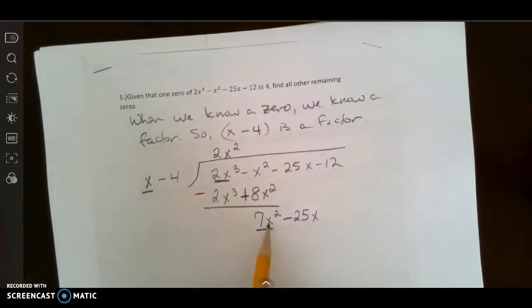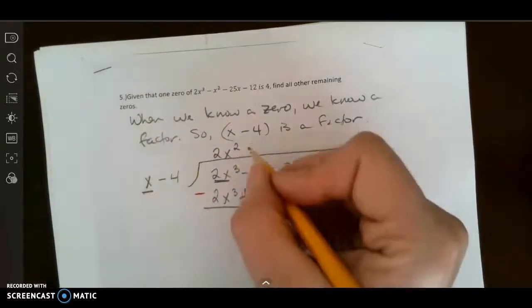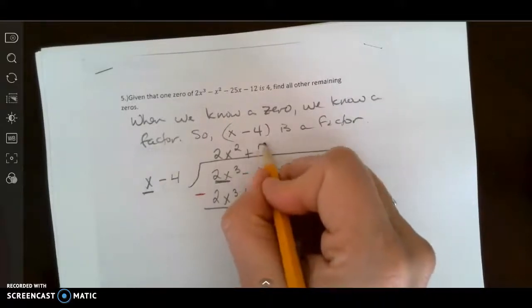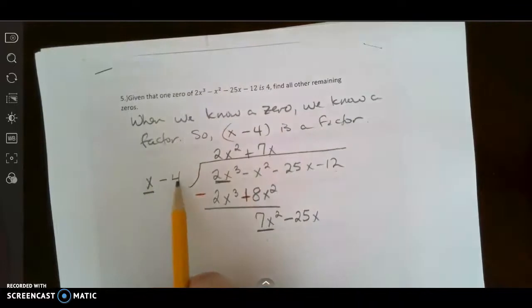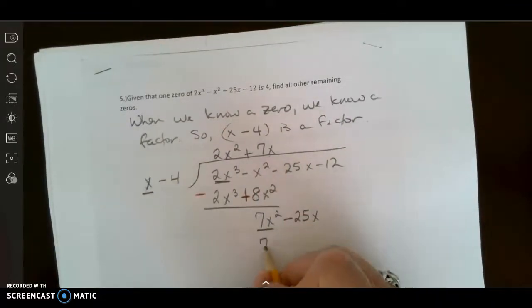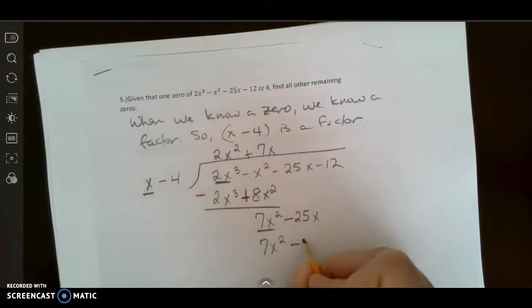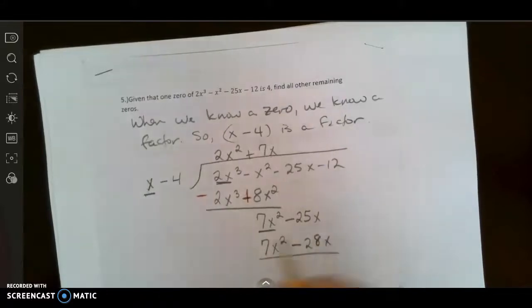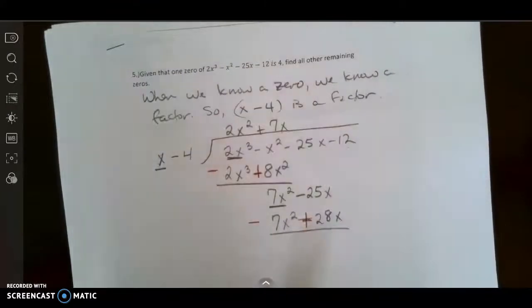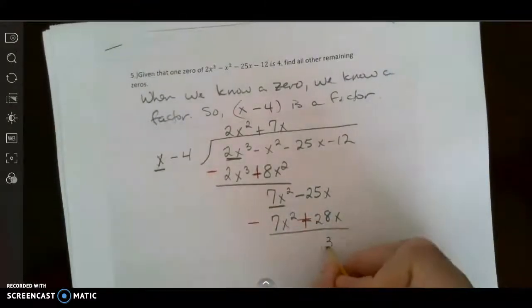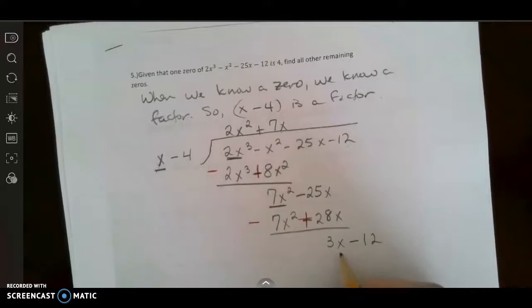Focus on the first. 7x squared divided by x is plus 7x. Now I multiply the 7x by both of these, and I get 7x squared minus 28x. Since I'm subtracting, I change my signs, and I get 3x minus 12.